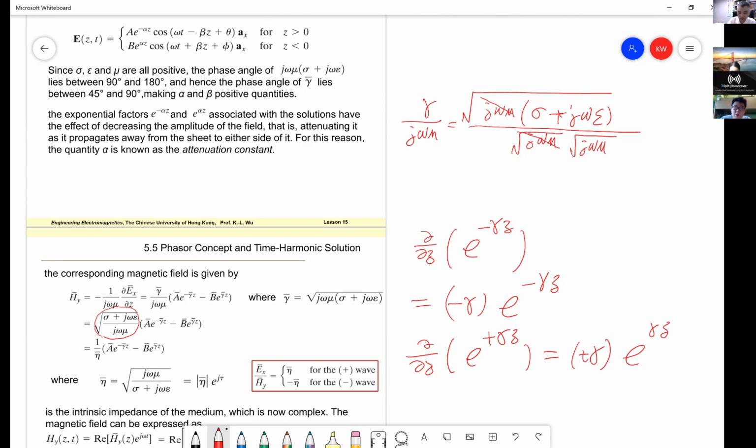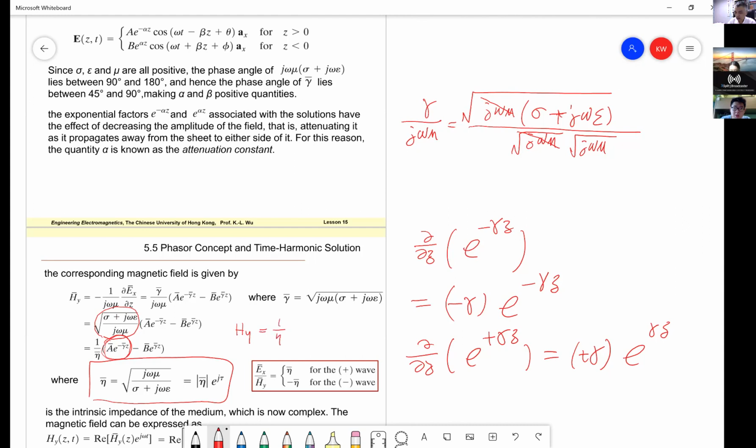Then I redefine the wave impedance. Why do I redefine it? Because the first term stands for the electrical field propagating in the positive z direction. That means Hy also has two field components.